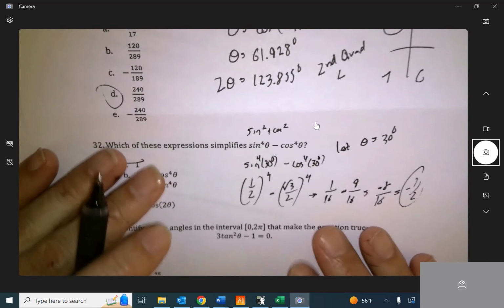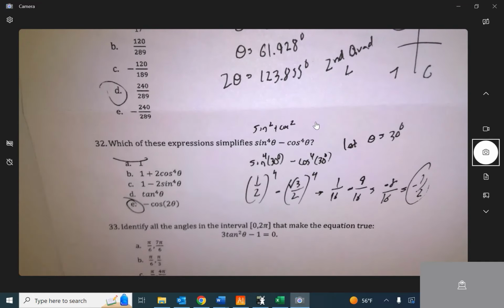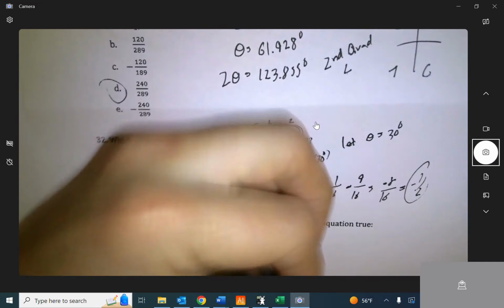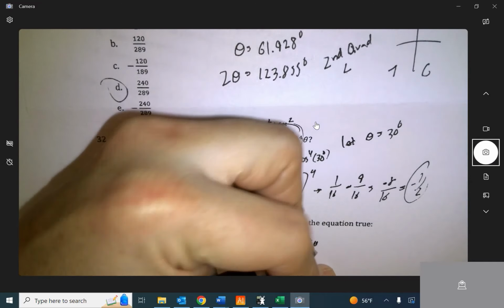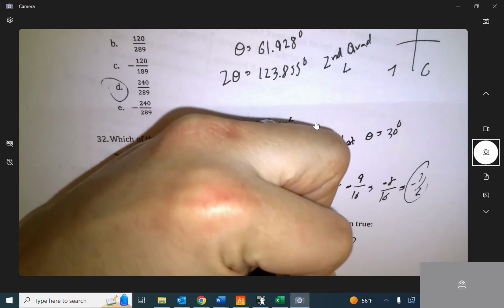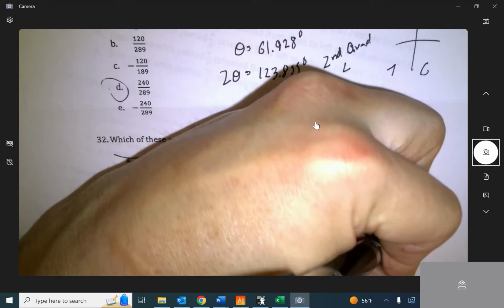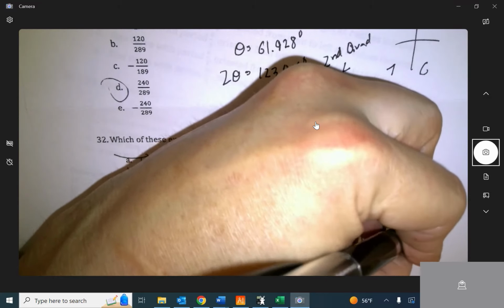Now, just because I'm bored, let's do something. Let's take that. That's sine squared theta minus cosine squared theta times sine squared theta plus cosine squared theta.